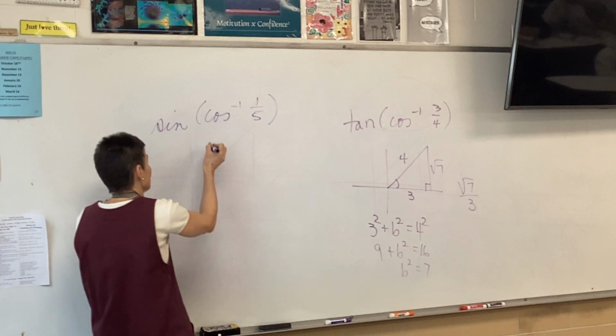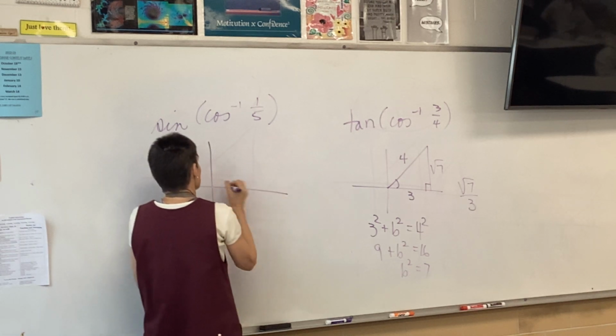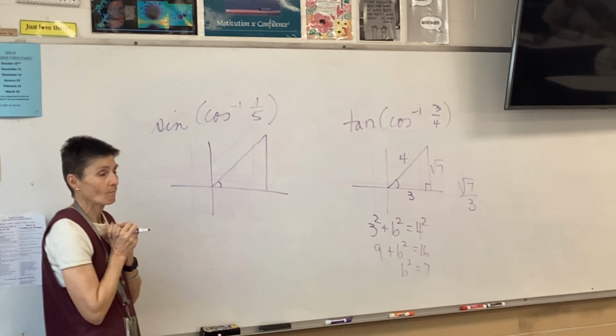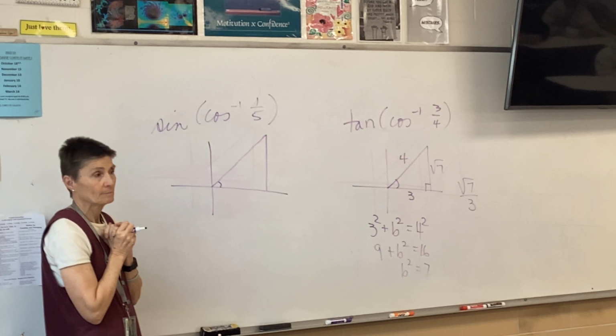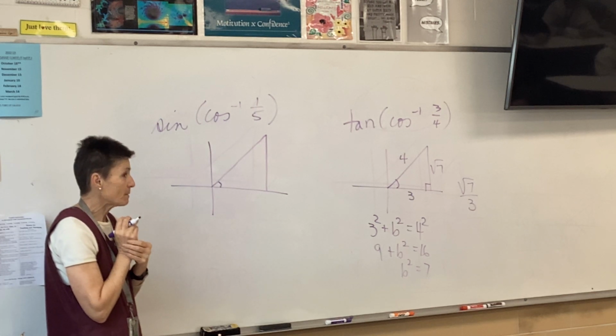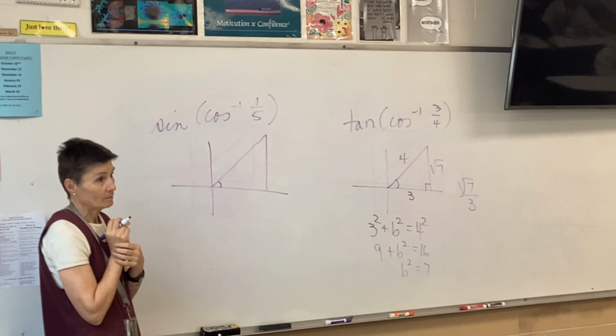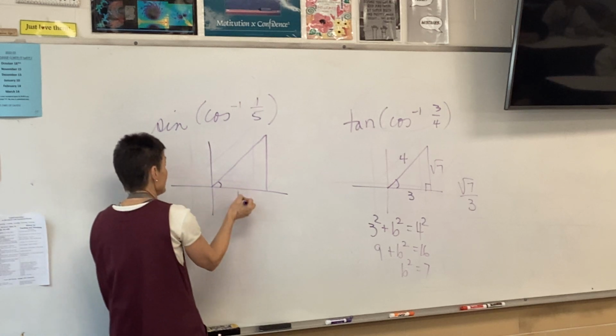Draw a picture. Right there in quadrant 1, right? Something's going to be 1 and something's going to be 5. So what's what? Adjacent is 1.